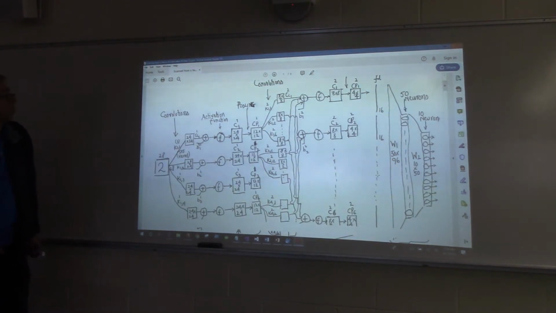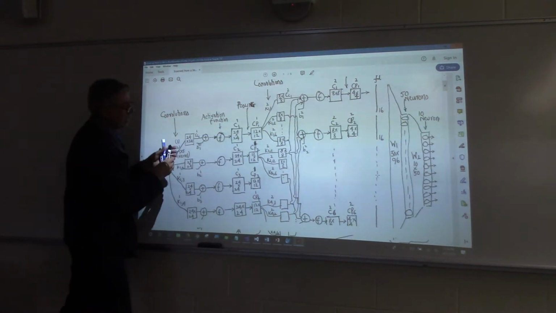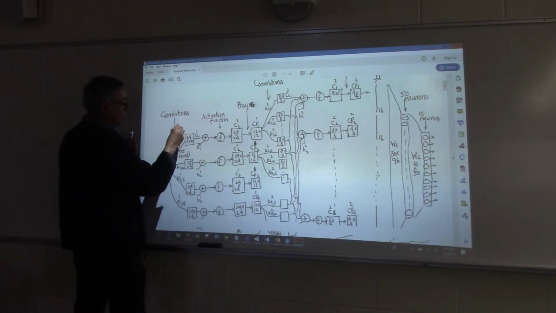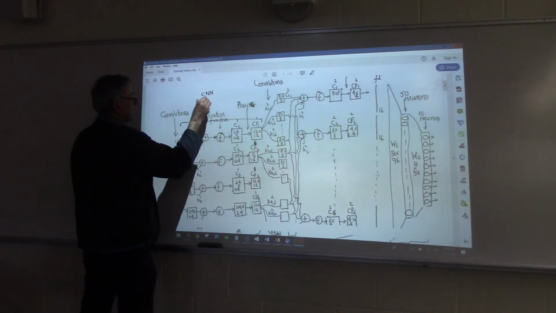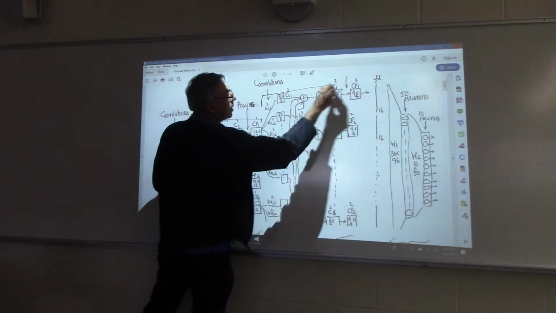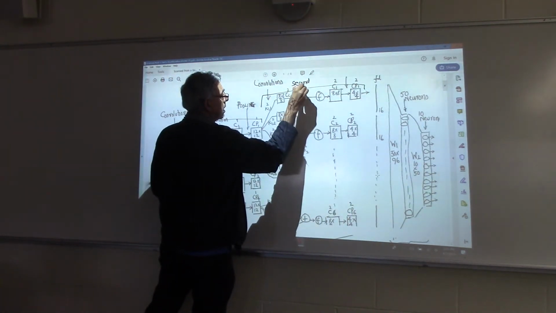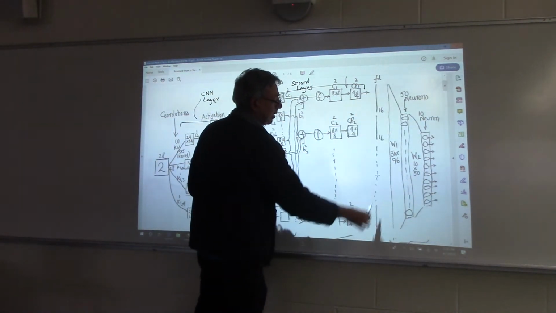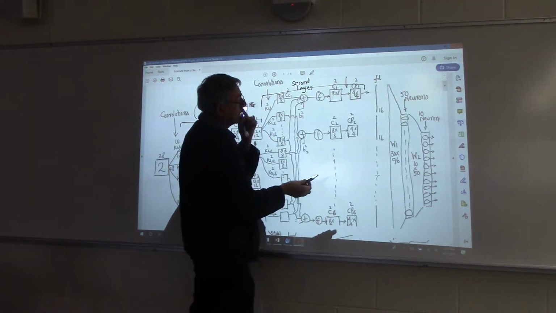So again, a 28 by 28 image feeds into our first CNN layer. From here to here is the first layer, and from here to here is the second CNN layer. Then we flatten it out. In the second layer, we had 6 feature maps.